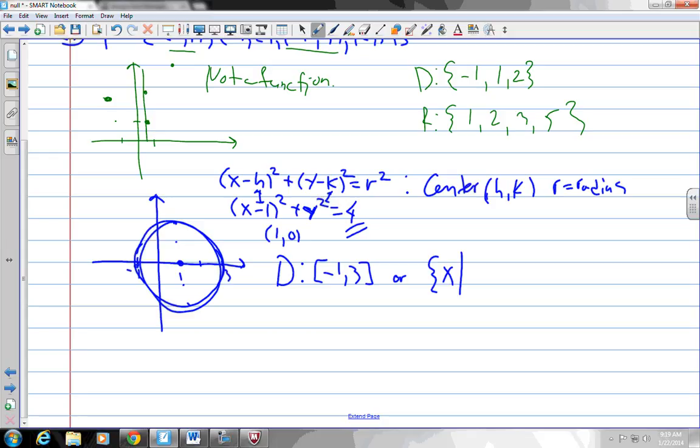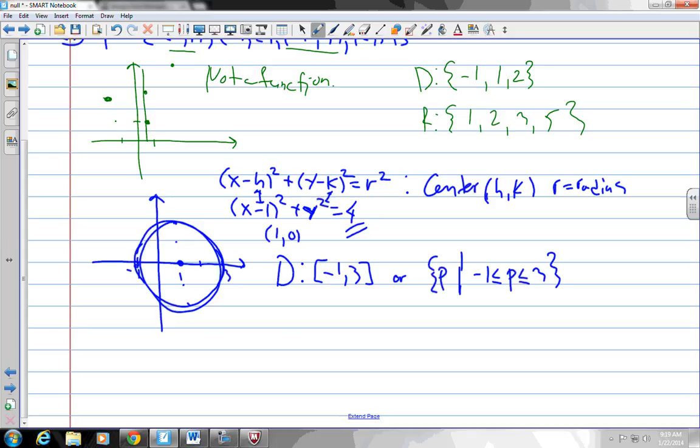Each x is between -1 and 3. You don't even have to use x. You can use any letter. Let's just use p. So p is between -1 and 3. That's set builder notation. Doesn't matter what you use for variable, it will still produce numbers from -1 to 3, including -1, including 3.